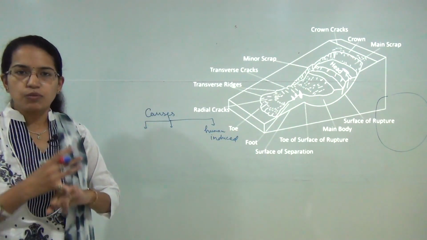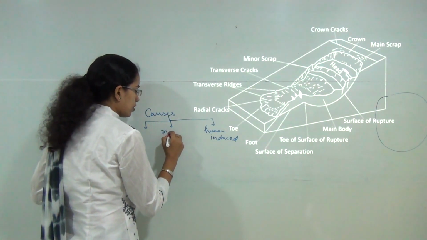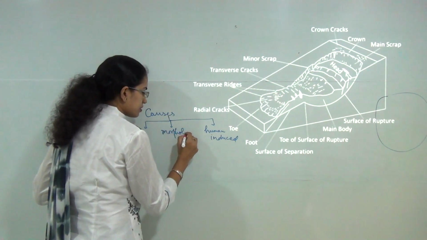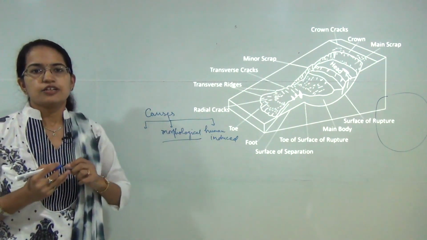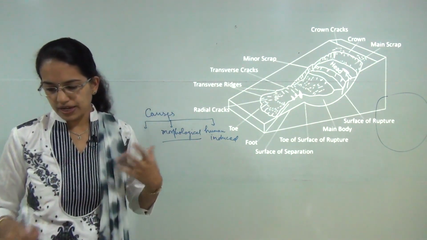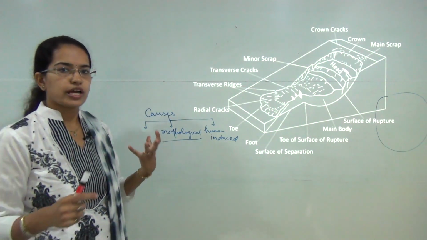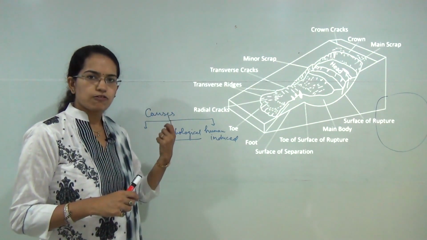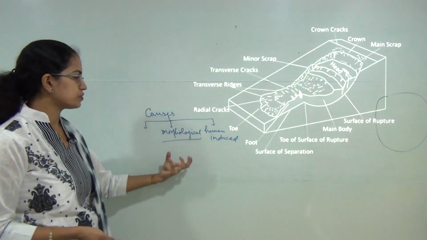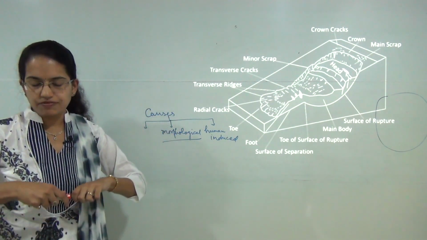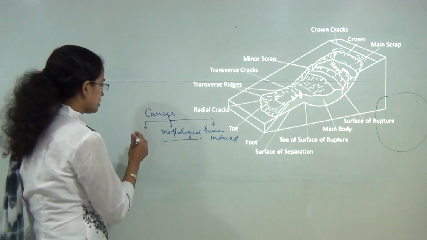Then you have morphological causes. Morphological causes include the tectonic movement, then I can say the glacial rebound that occurs. So all the activities which are generated by nature, the freeze and thaw action, then you have removal of vegetation that could occur, heating and drying of the soil. So all those would be morphological factors, and finally you have the geological factors.